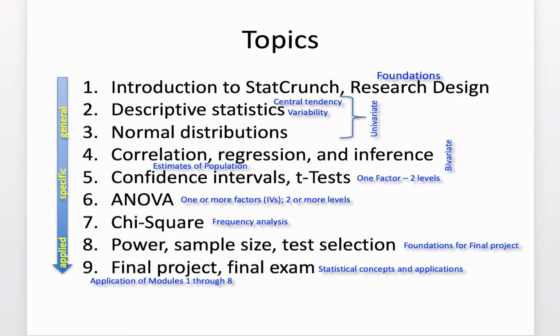And then finally, you'll have a final project and a final exam. The final project and the final exam are comprehensive in nature. So it's going to cover all of the modules beginning with Module 1 through Module 8. And they're about statistical concepts and applications on the final exam.